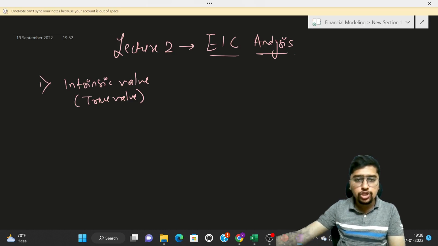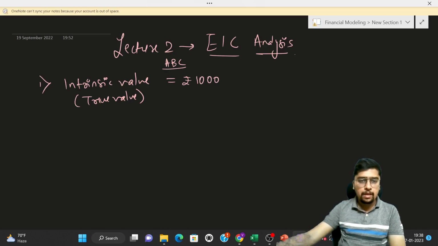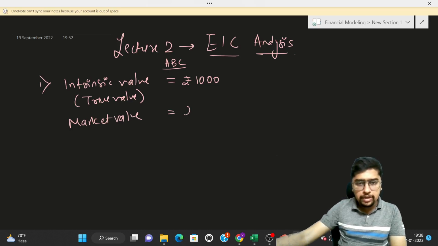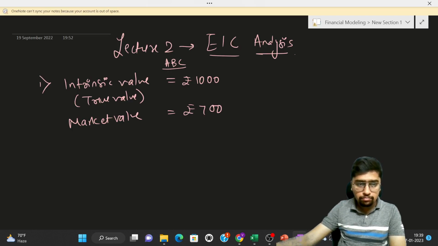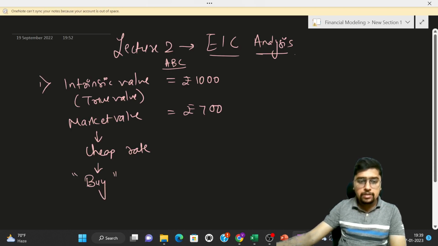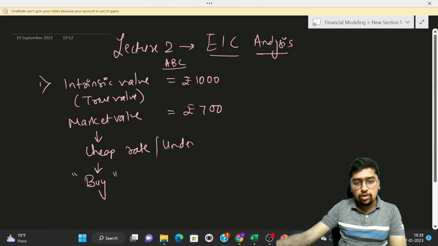But if after calculation you get that the intrinsic value of, say for example, ABC company is rupees 1000, and if you check the market value of that company, it is, say for example, rupees 700, then in that case a stock which has a true value of 1000 is available for rupees 700 in the market. We can say the stock is available at a cheaper rate. Let us go and buy it. Such stocks are also called undervalued stocks.